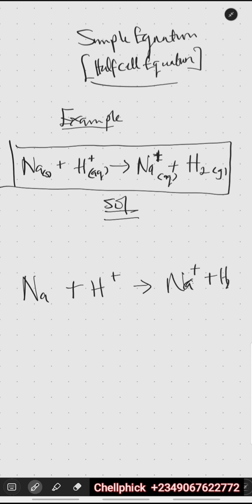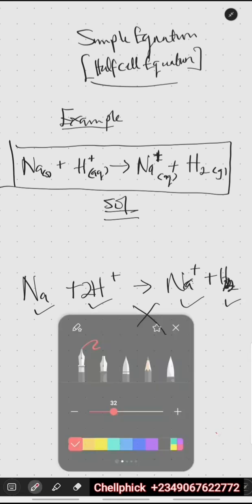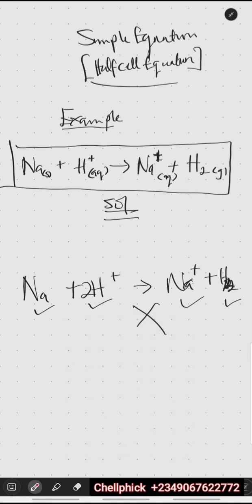Normally one would think that because hydrogen is 2 here and 2 here, we have one sodium, 2 hydrogen, so this equation is balanced. This is not balanced, because in redox reaction we do not just look at this stoichiometrically. Redox focuses our attention both on the stoichiometry and also on the ion and electron.